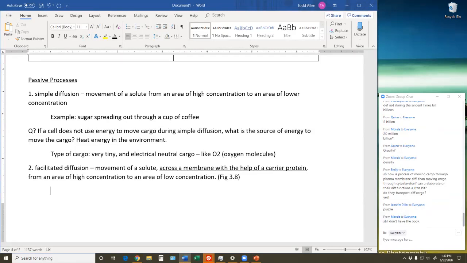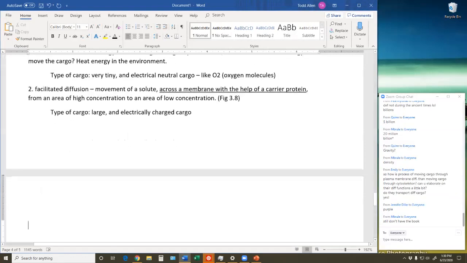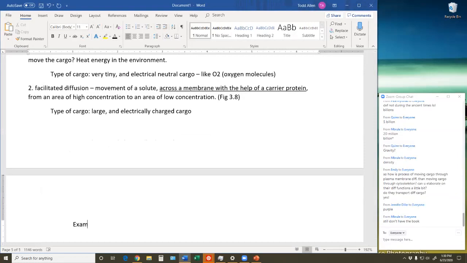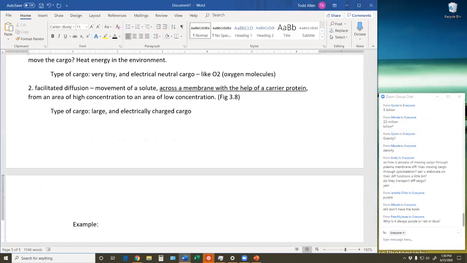Okay, so the type of cargo here can be large proteins, large and electrically charged cargo. So as an example, let me do something a little simpler. Glucose. Glucose is a fairly large molecule compared to oxygen, right?